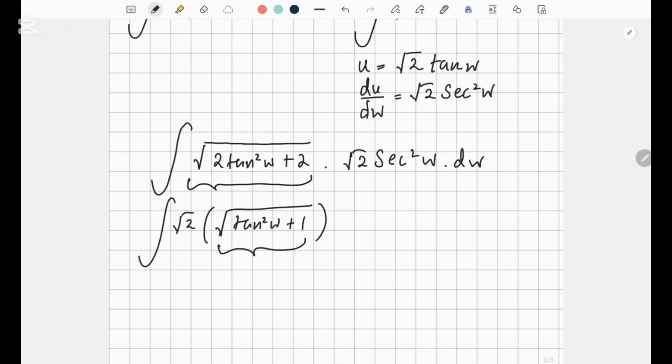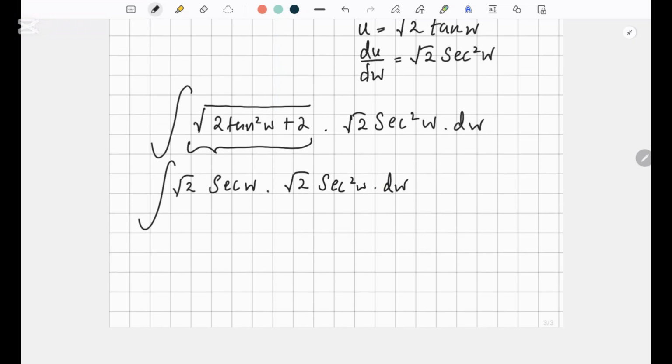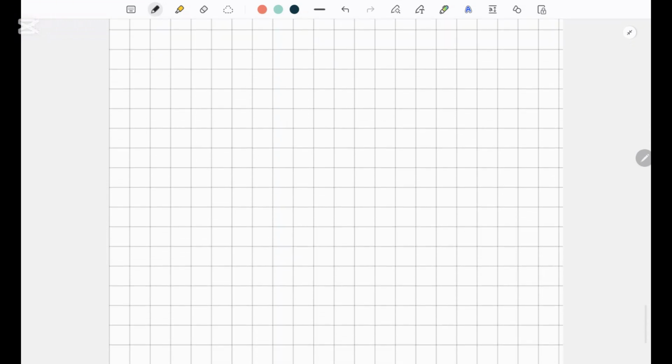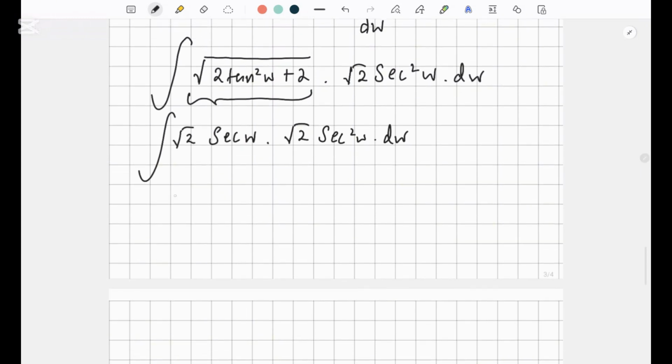This gives you sec w, right? Sec w into root 2 sec squared w. Easy. So root 2 into root 2 gives you 2. So I'll just take it outside. Now you have to integrate sec cube w.